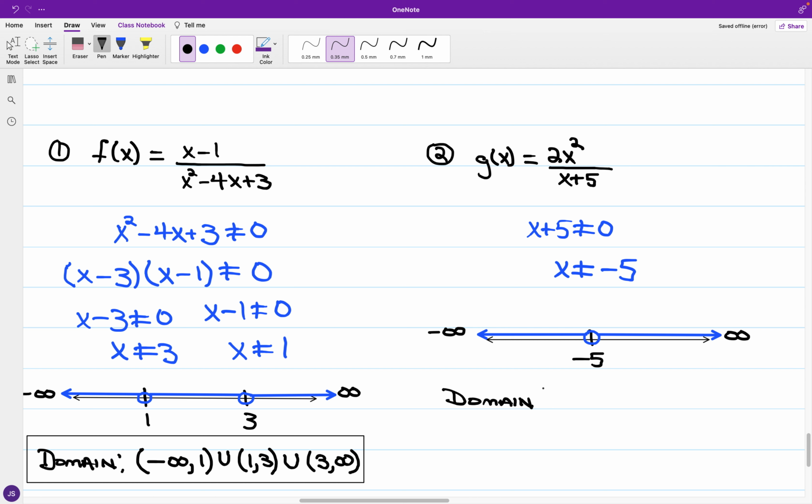So for this problem, the domain is going to consist of two separate sections. For the first, we have those values of x less than negative 5, as well as those values of x which will be greater than negative 5.